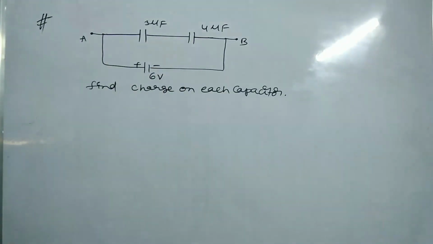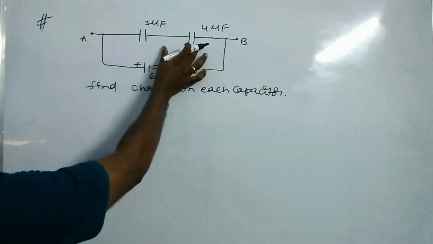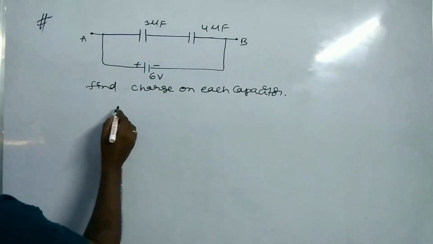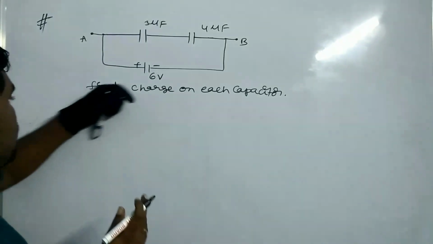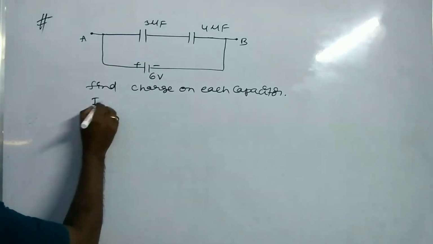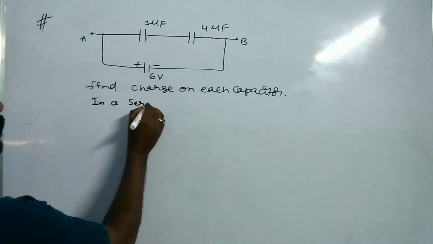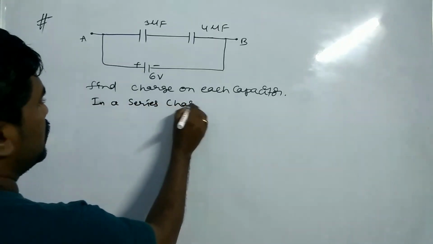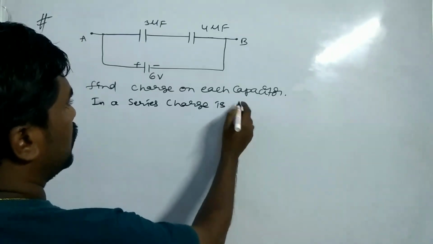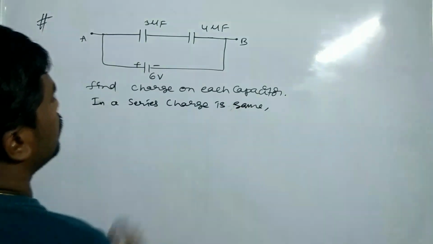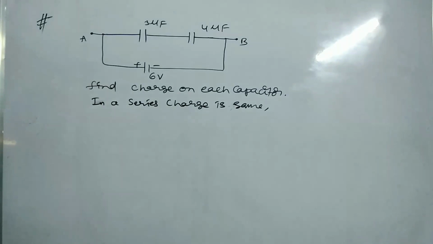Here the 2 capacitors are in series combination. In a series combination, charge is the same. Charge is the same here, right?